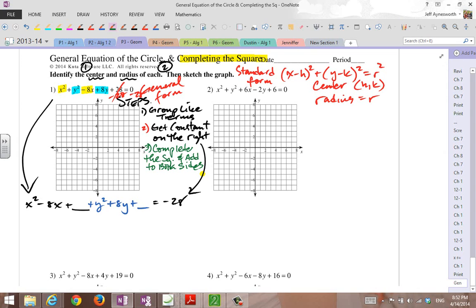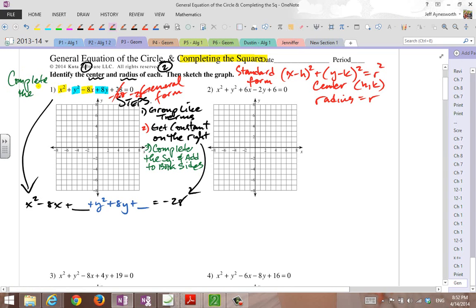All right. So when you complete the square, I'm going to use the margin space here. When you complete the square, you got to take b, the middle coefficient, divided by 2 and square it. All right, and here's your middle coefficient here, and here's your middle coefficient here.